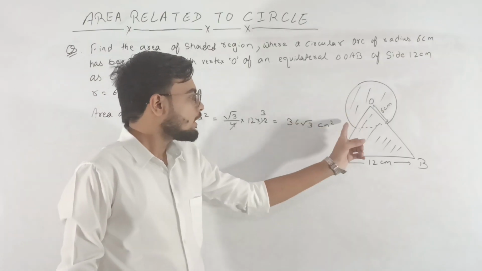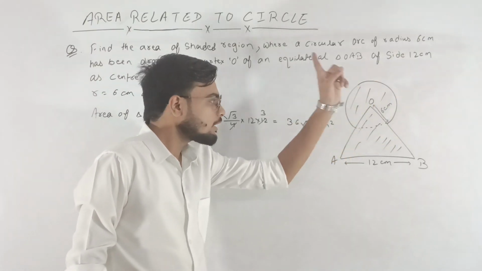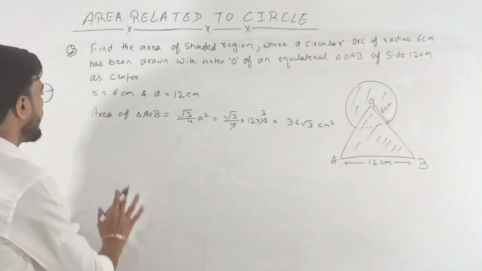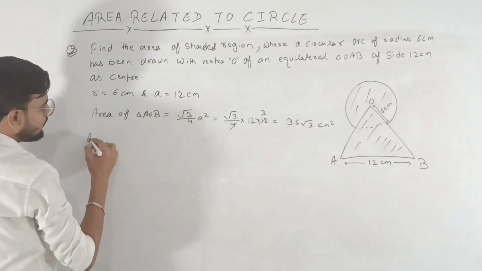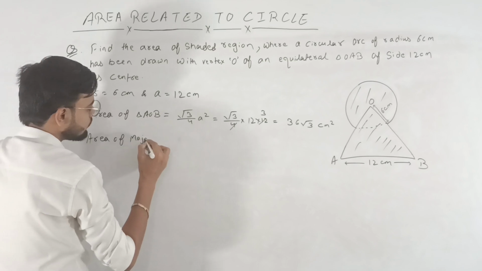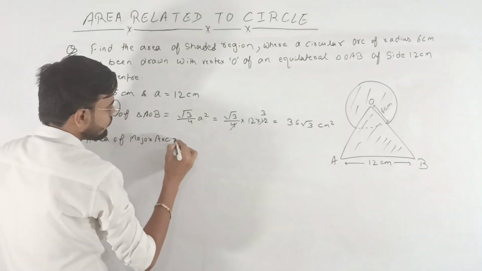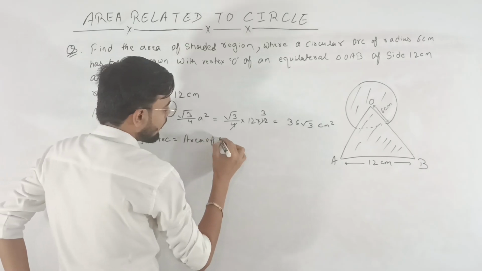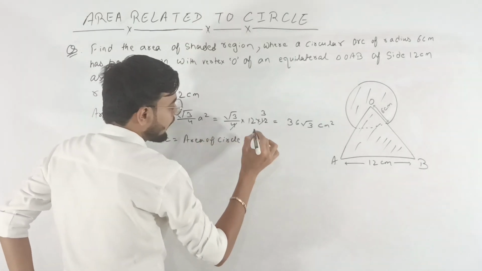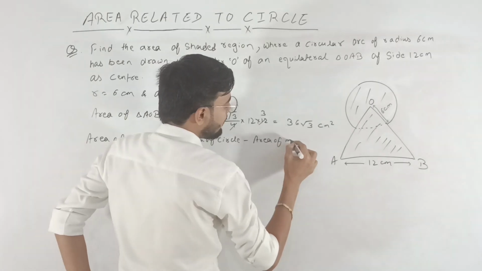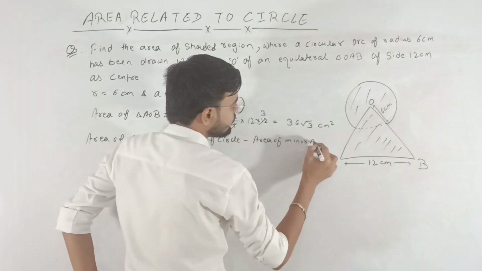This is the area of this equilateral triangle. Now we have to find the area of this major arc. So for the major arc, we have to find the area of the minor arc and the area of the full circle. So I added here, area of major arc is equal to what? Area of circle minus area of minor arc.